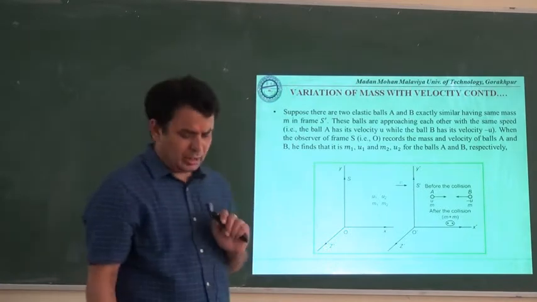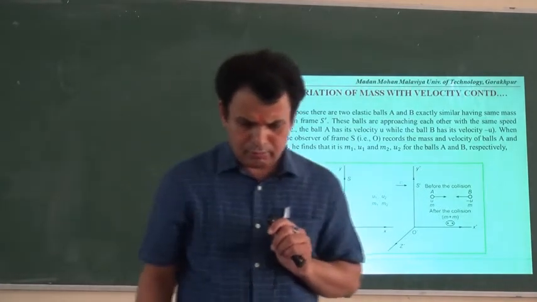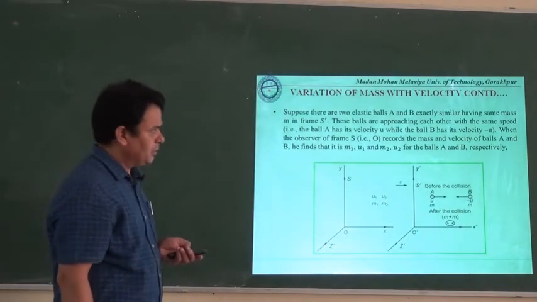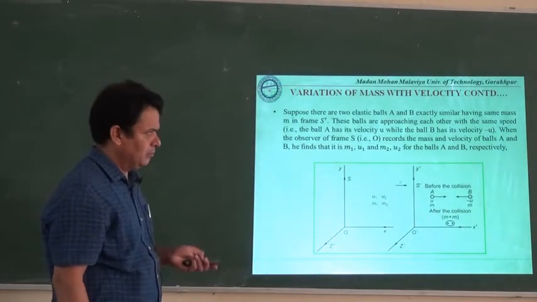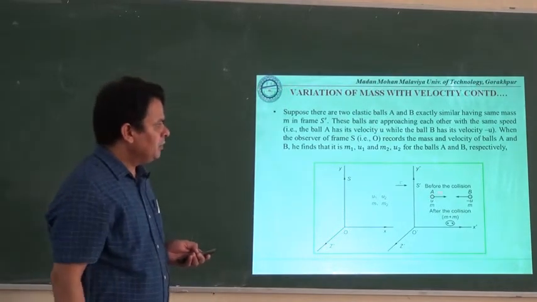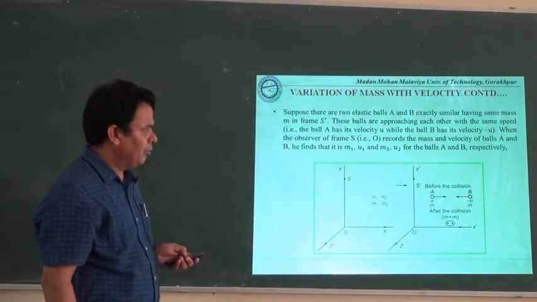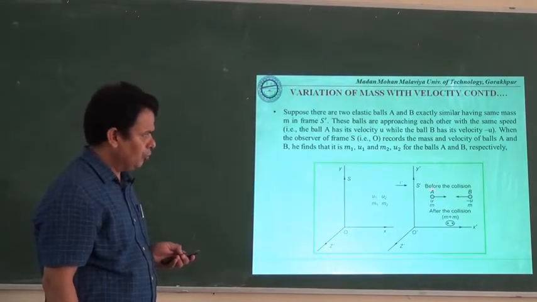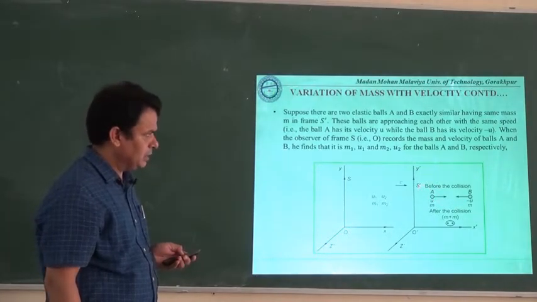Here, in order to discuss this change in mass of a body, let us observe this figure which we have sketched in a simple way. Here we have ball A, here we have ball B. These two balls are in the moving frame of reference, that is the S dash frame.